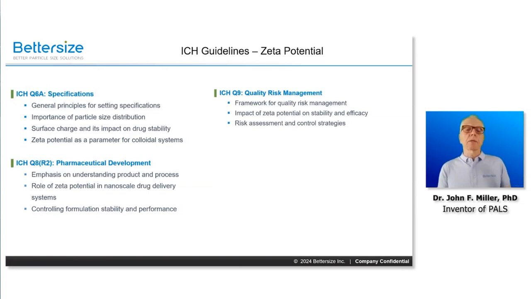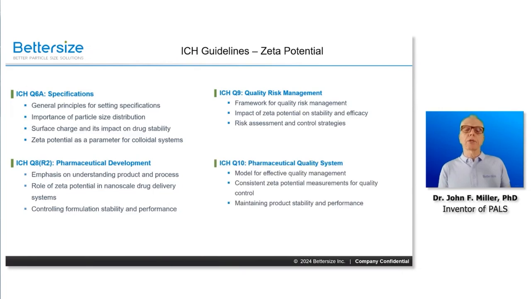Zeta potential is integral to risk management as it affects the stability and efficacy of drug products, making it a key factor in risk assessment and control. Finally, ICH Q10. This outlines a model for an effective pharmaceutical quality system. Consistent measurements of zeta potential are essential for quality control, ensuring that the product remains stable and performs as expected.